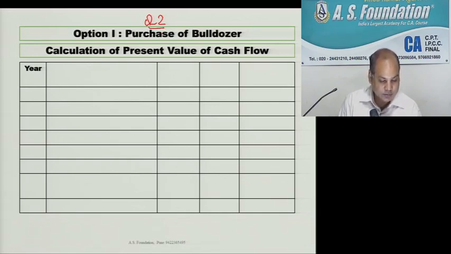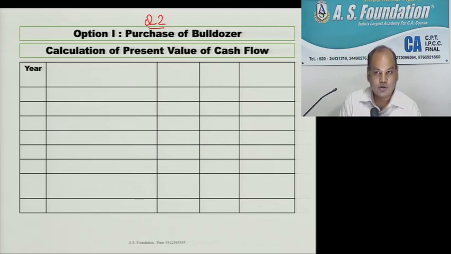The contractor expected a minimum internal rate of 10% net of taxes on his own funds. So this is in short the discount rate. Prepare a suitable statement and advise the contractor indicating clearly the basis for your recommendation.